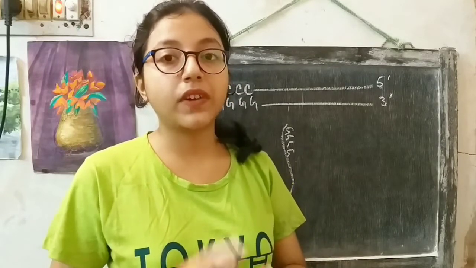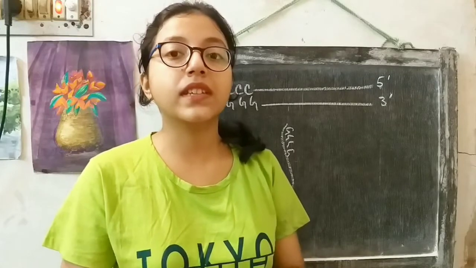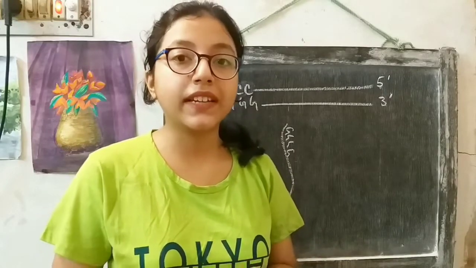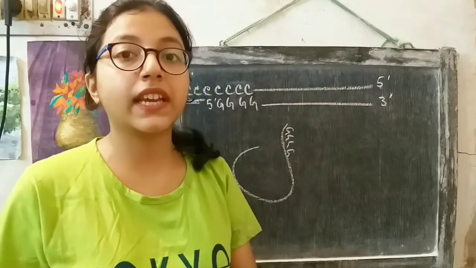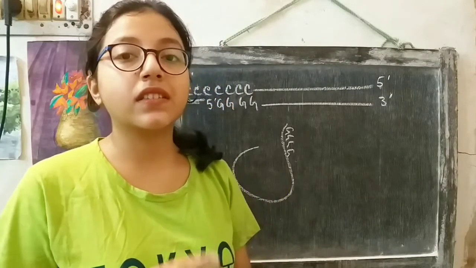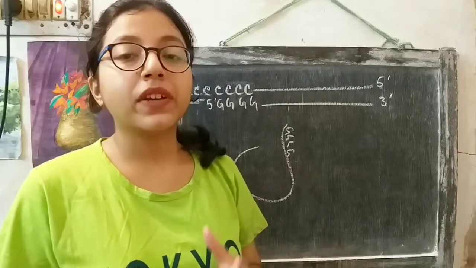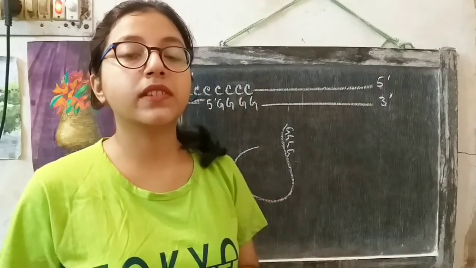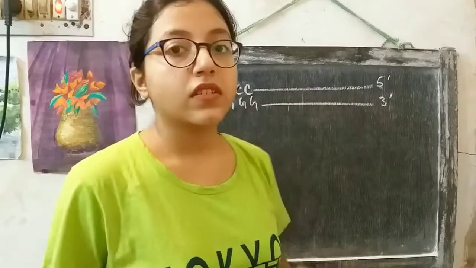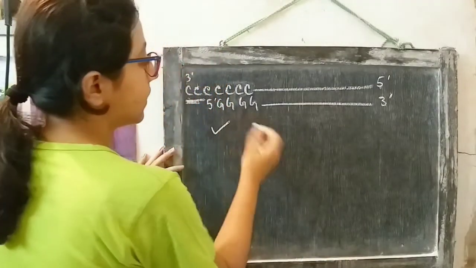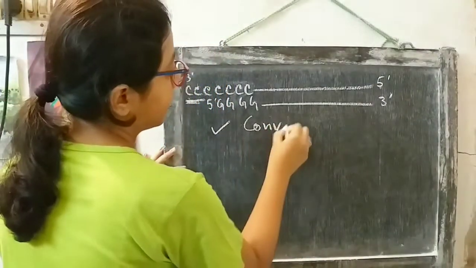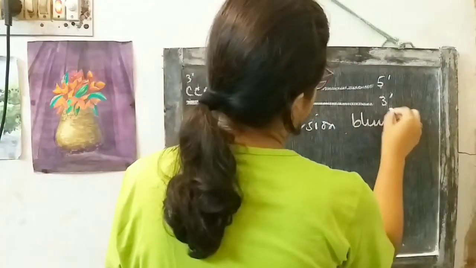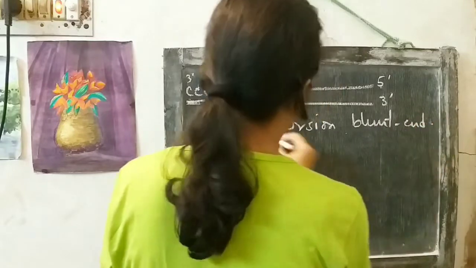So by the process of homopolymeric tailing, a blunt-ended DNA is converted into sticky-ended form, which makes the cloning process much easier. So the first advantage is the conversion of blunt-ended DNA into sticky-ended form.